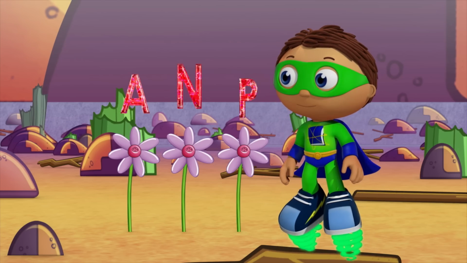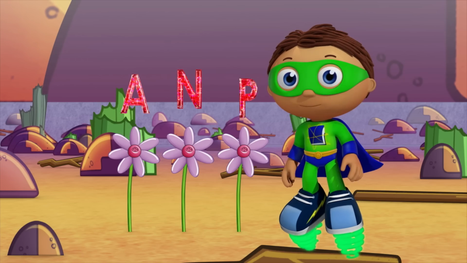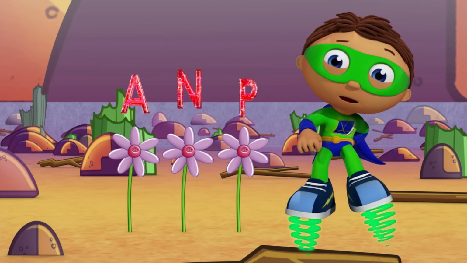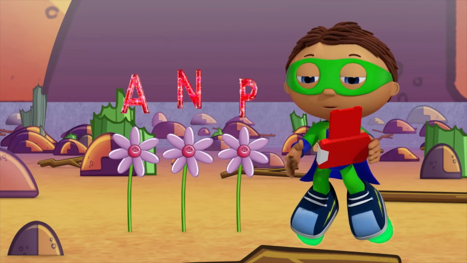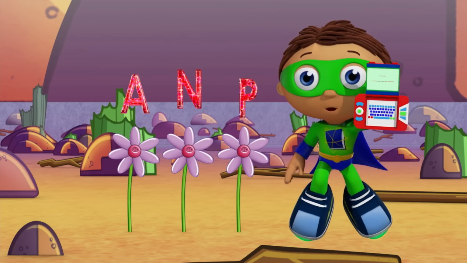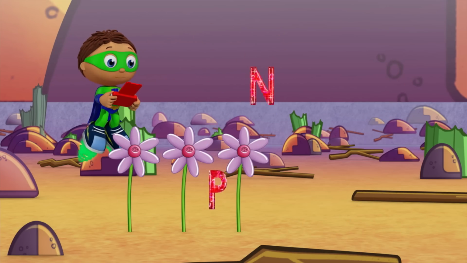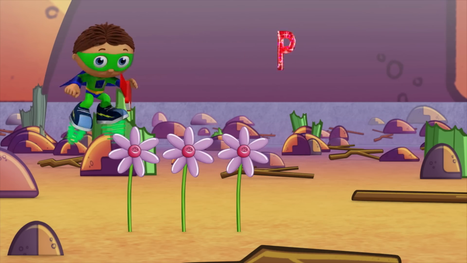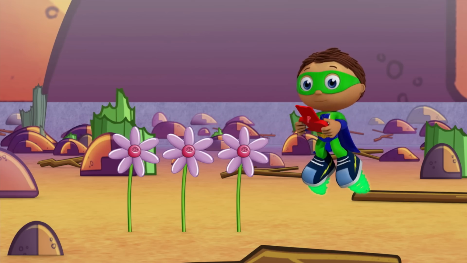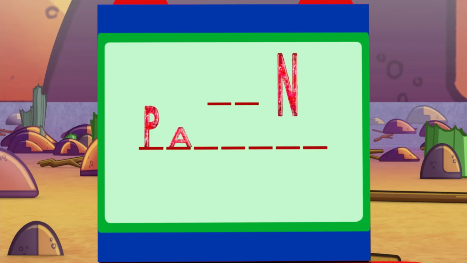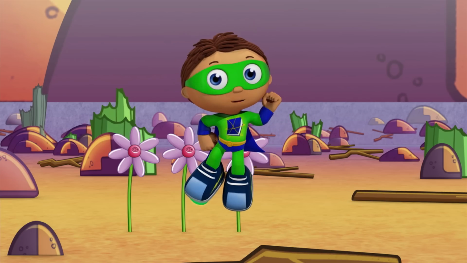A, N, P. A, N, and P. Let's put them in our super duper computer! 6 more super letters, and then we get our super story answers. Super job, Super Readers!